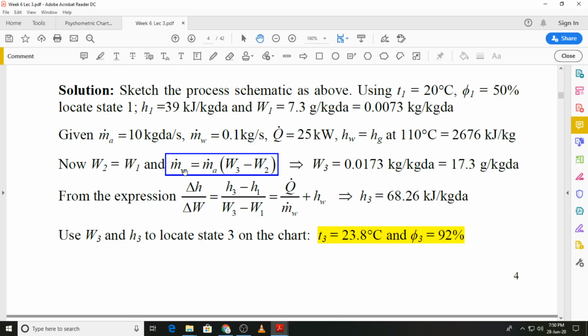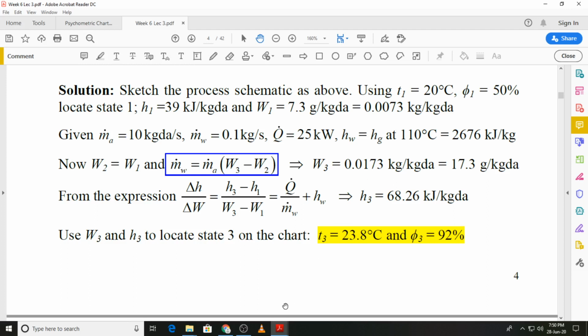So in this mass balance equation, m dot w and m dot a are known. W2 is the same as W1, which we have read from the psychrometric chart, and that gives us W3, which is 0.0173 kilogram per kilogram dry air, which we will convert into grams per kilogram dry air, a value of 17.3.